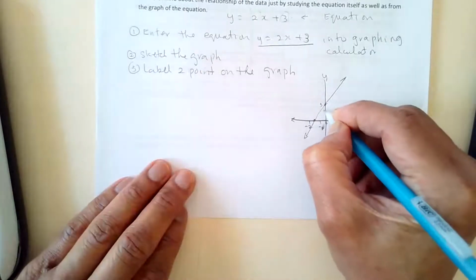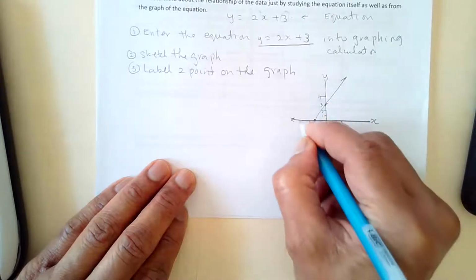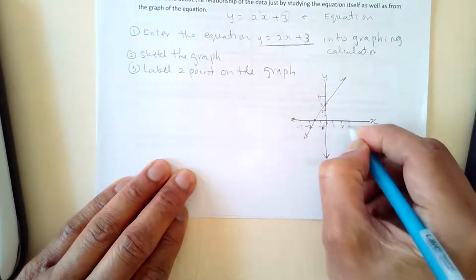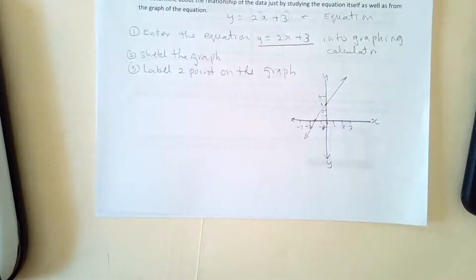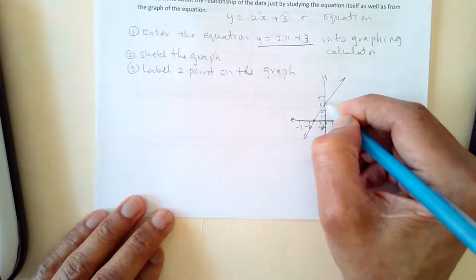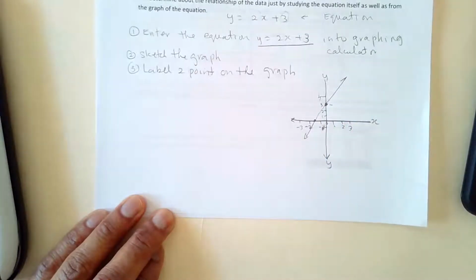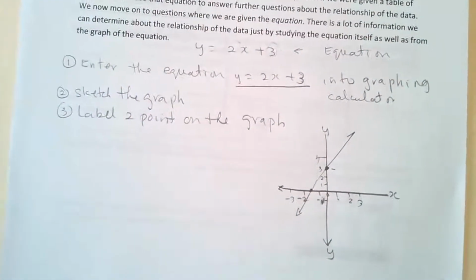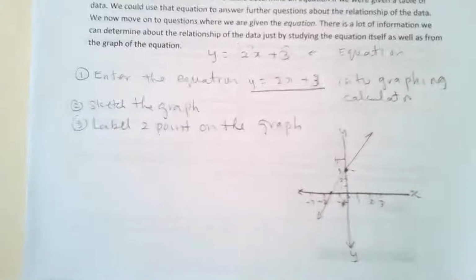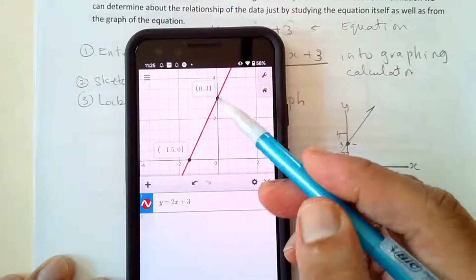Now I can continue this to be 2 here. 1, 4, 3. We label 2 points on the line. I can label this. This is my y-intercept. Okay. See, for my Desmos, that's my y-intercept.